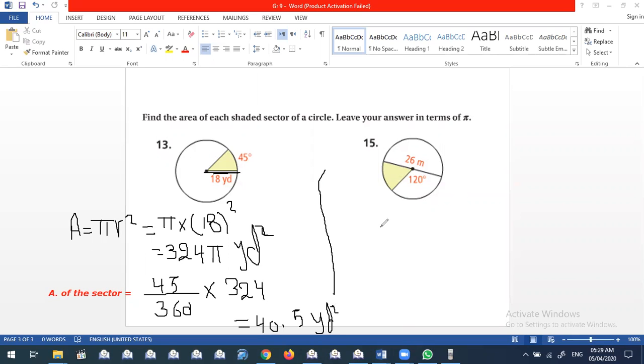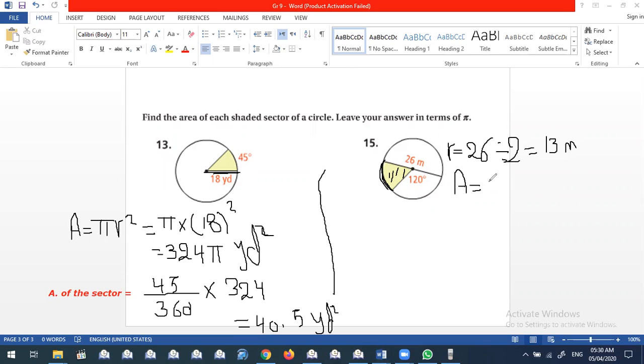So I need two things. The first one, the area of the circle. The second one, the measure of this arc. I need the measure of this arc because I need the area of this sector. Here we have diameter is 26. So to find r, make 26 divided by 2. It equals 13 meters. Now you can find the area of the circle.